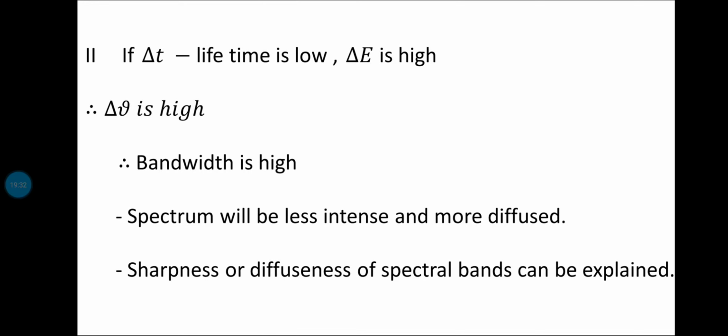So if bandwidth is high, the spectrum will be less intense and it will be diffuse. Therefore, the very important application of this is that the sharpness or diffuseness, that is known as intensity of spectral bands, can be explained with the help of this principle.